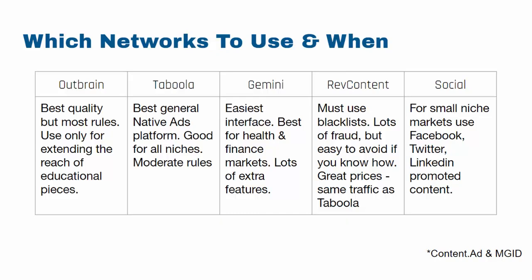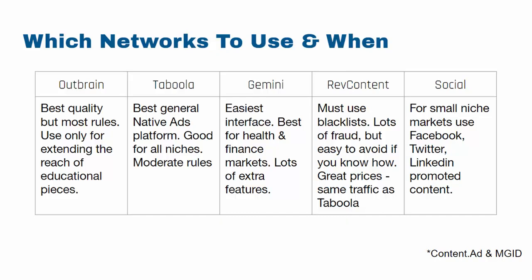However, Gemini is not the best for all markets. They have targeting for a lot of different markets, but really they are very prominent for health and finance markets. And they also have a lot of other things you can do inside there, like search retargeting and email retargeting. There's a lot of other things Gemini can do other than just native ads.